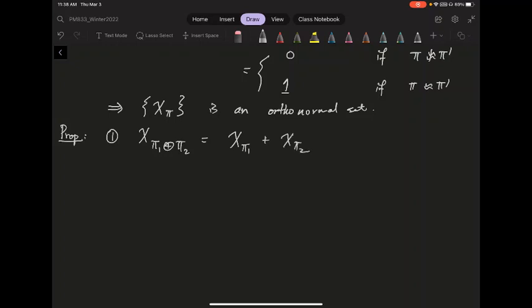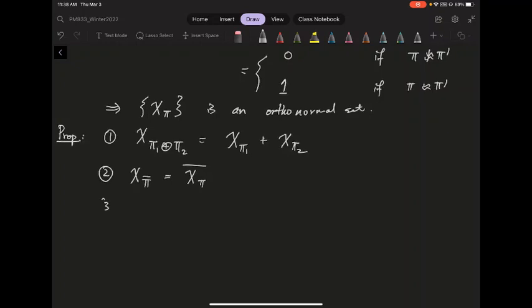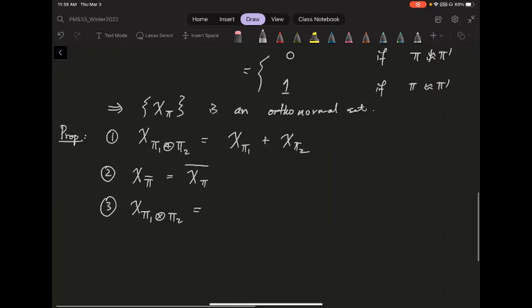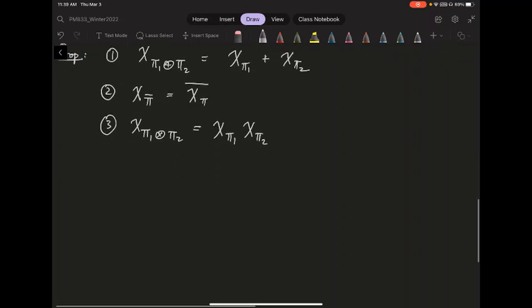So when you take the direct sum, you're essentially just taking the sum of their characters. We've also seen that you can take the conjugate, where you conjugate all the entries. This is just equal to the conjugate of chi of pi, so you conjugate the character function. And finally, the last one is the tensor product of two representations, where the character becomes the product of these two characters.